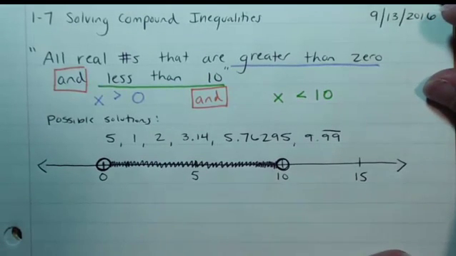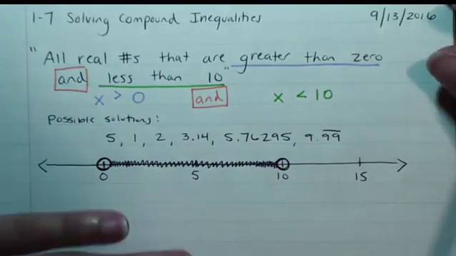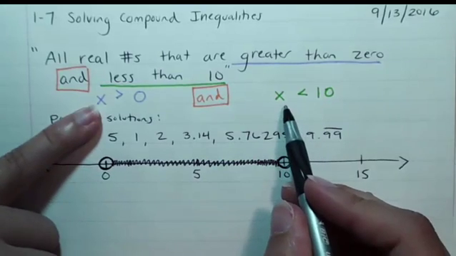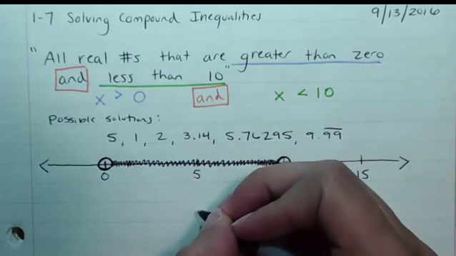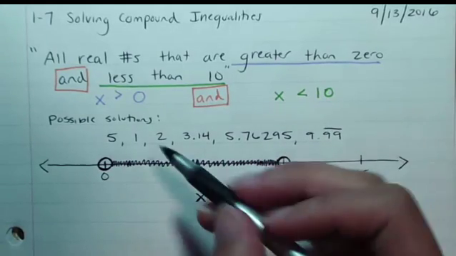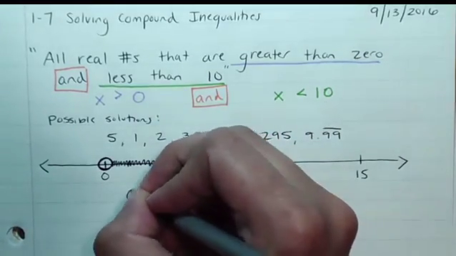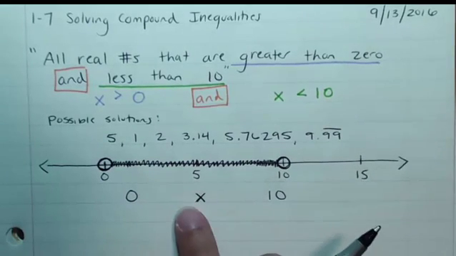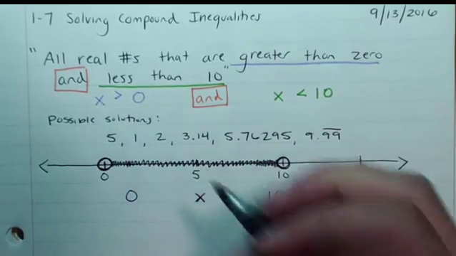Now, instead of writing two separate inequalities with the word "and," that is one way you could write it. What's another way of writing this, but instead of writing x two times, let's just write it one time. The way that you would actually write this is x is in the middle. What's the smaller number out of the two, 10 or 0? 0 is the smallest, 10 is the largest. Now, to make this work, x has to be greater than 0.